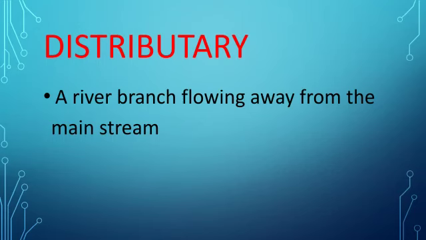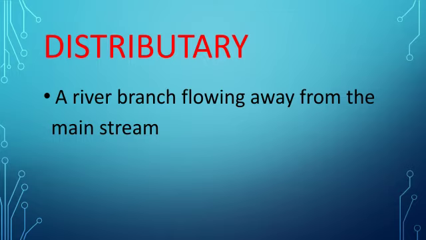What are distributaries? Distributary is a river branch flowing away from the main stream. Like tributaries अपना पानी main river में मिला देती है, but distributary क्या करती है? They just flow away the water of the main river into small branches. छोटी छोटी branches में main river के पानी को distribute कर देती हैं.